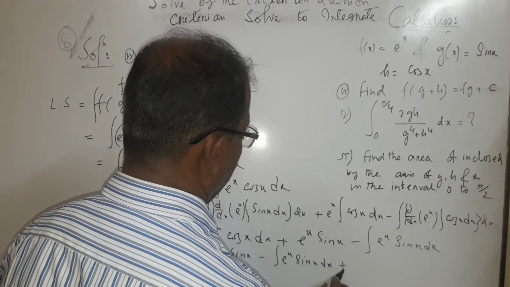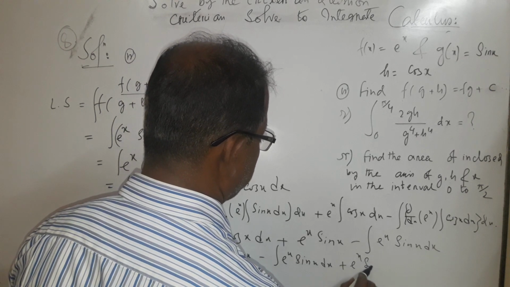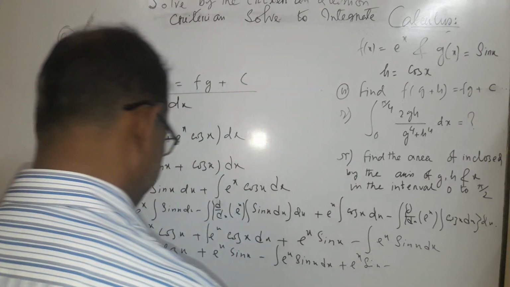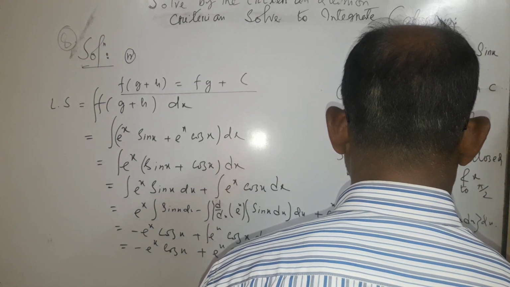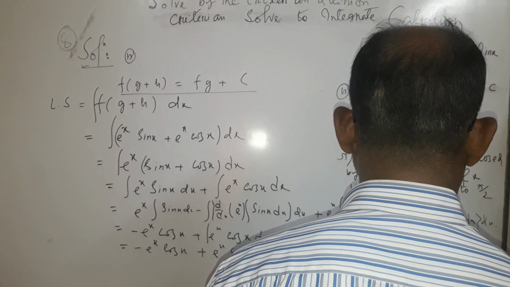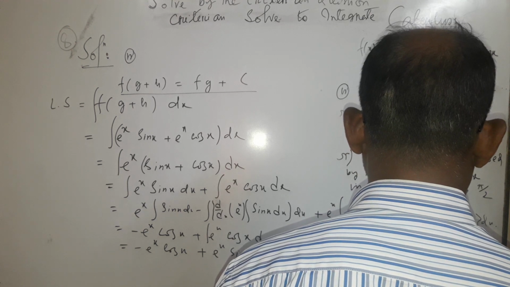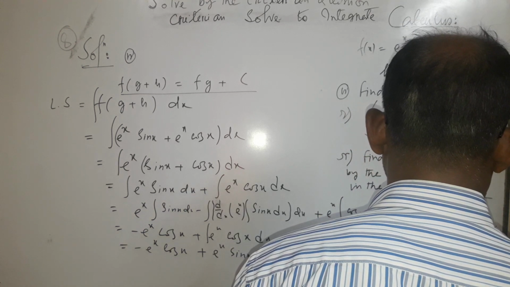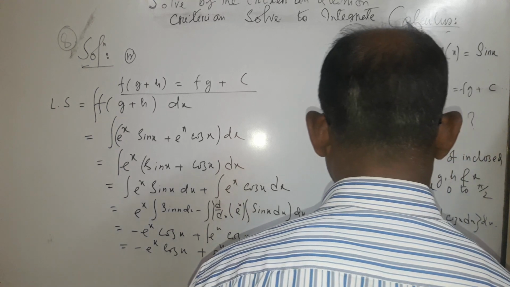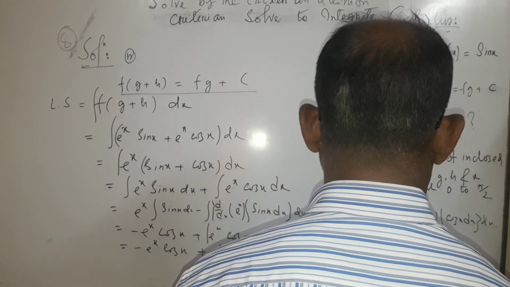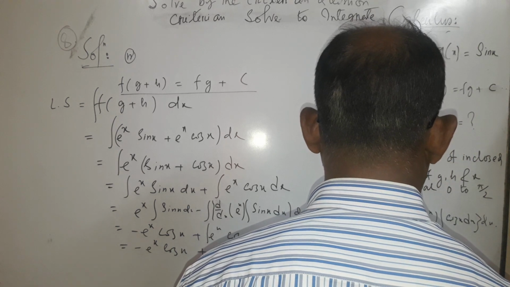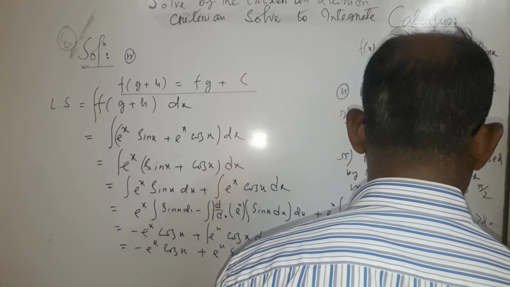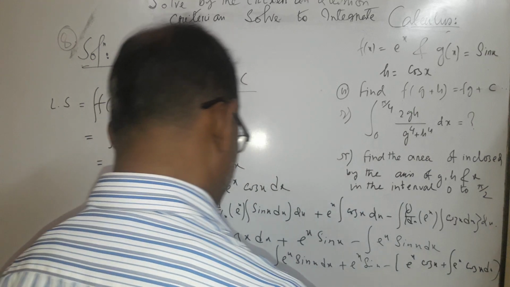That's why plus e to the power x sin x and minus e to the power x cos x and minus integration e to the power x cos x dx. Third bracket is closed.